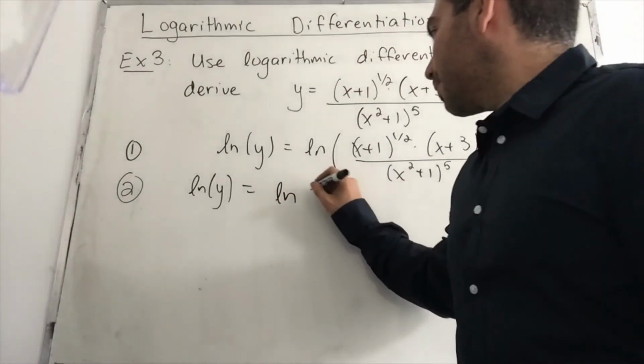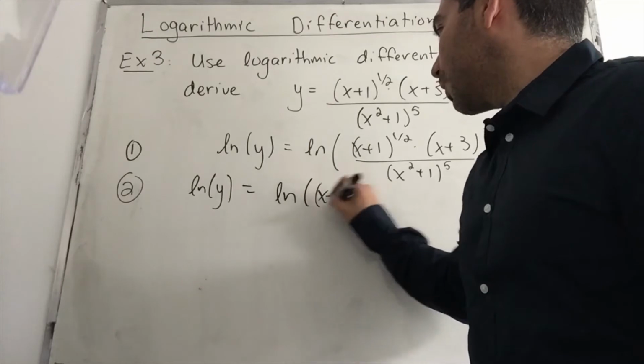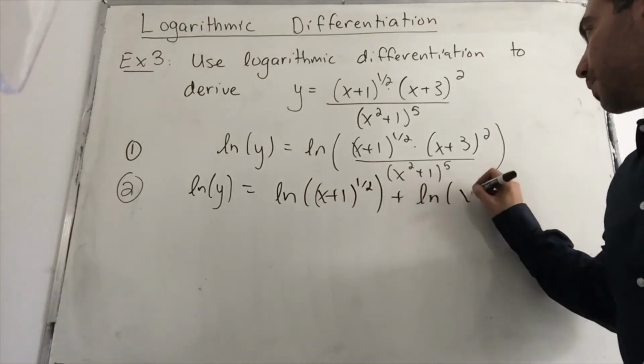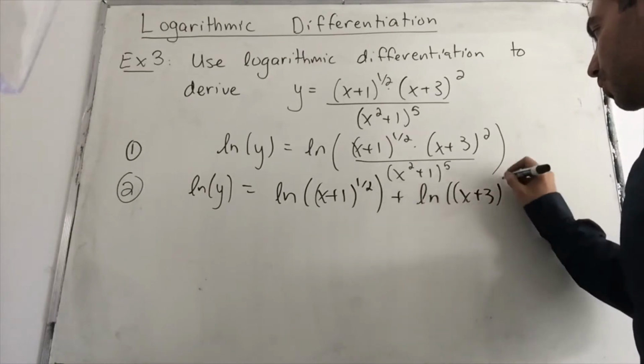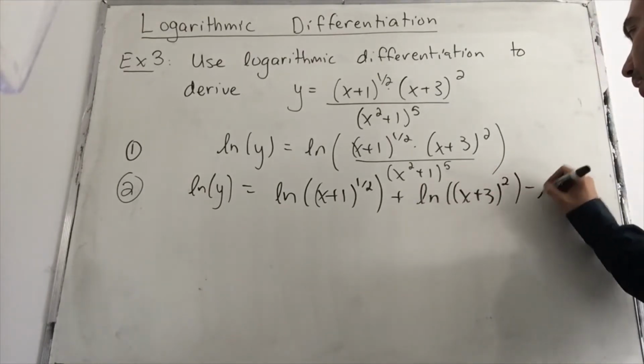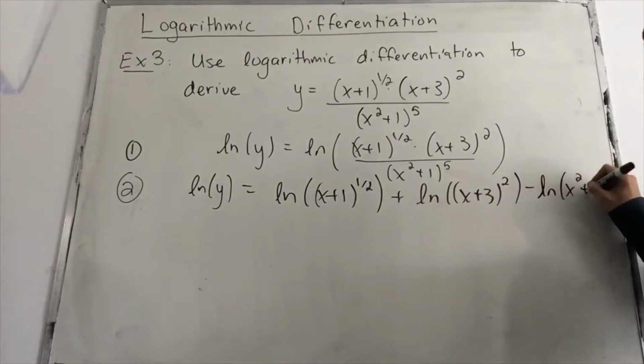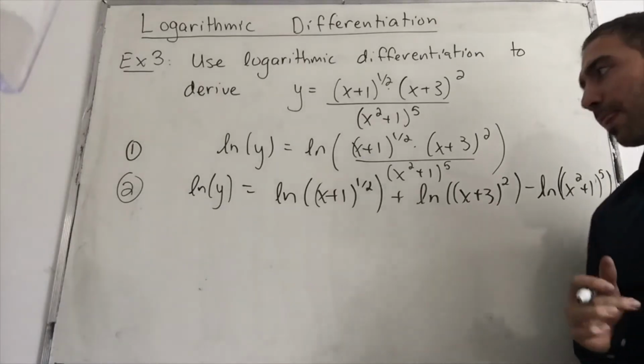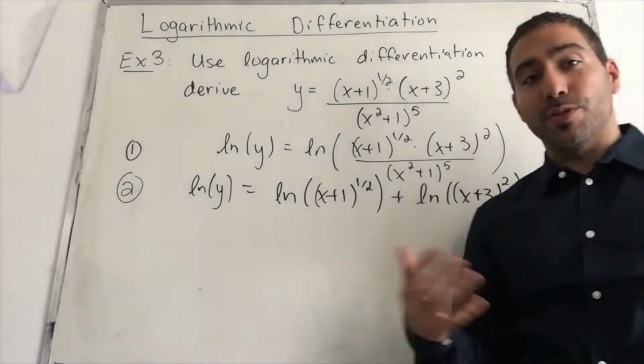So we have ln of x plus 1 to the 1/2 plus ln of x plus 3 squared minus ln of x squared plus 1, all that to the 5. Okay. Next property that we're using is, again, property 3.